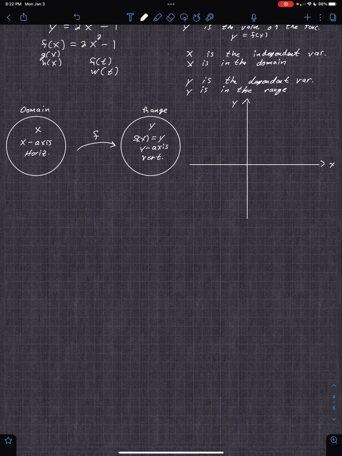The values along the x are the domain, and the values along the y are the range. So that's how we normally do it. Your independent is usually horizontal, your dependent is vertical.